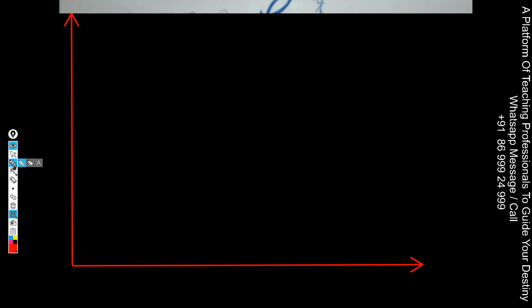So what are the coordinates of this triangle? This is 0 comma 0, and this is 21 comma 0, and this is 0 comma 21.